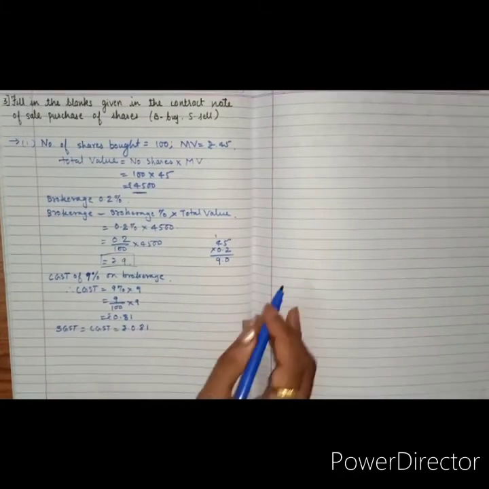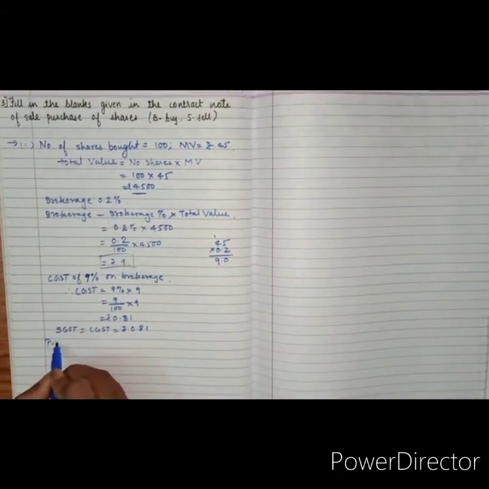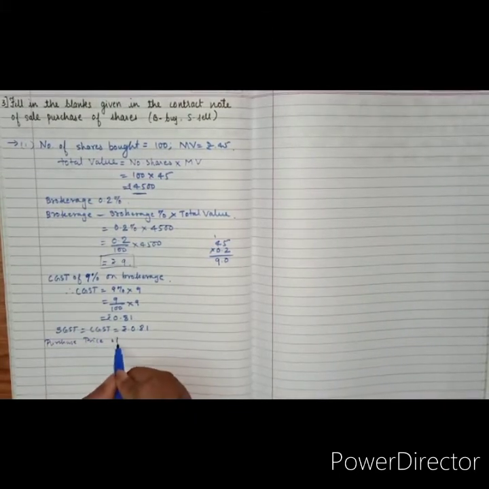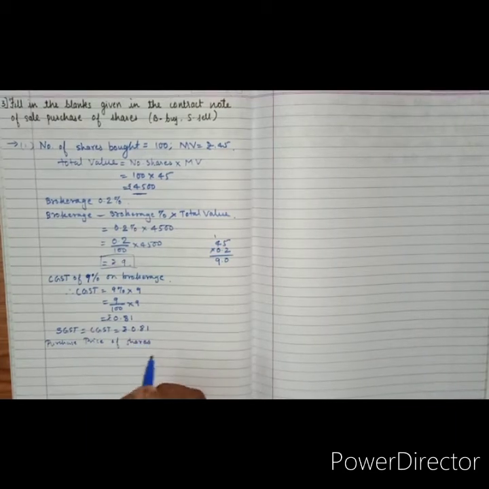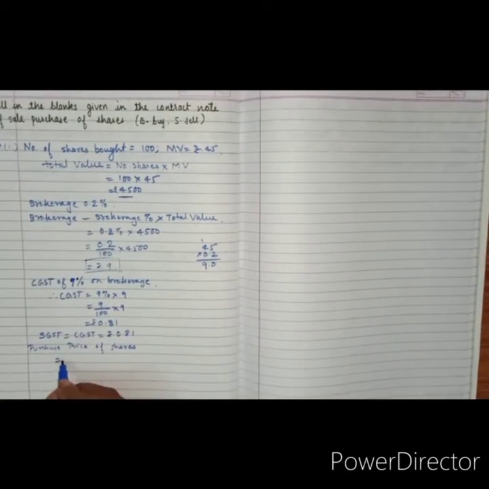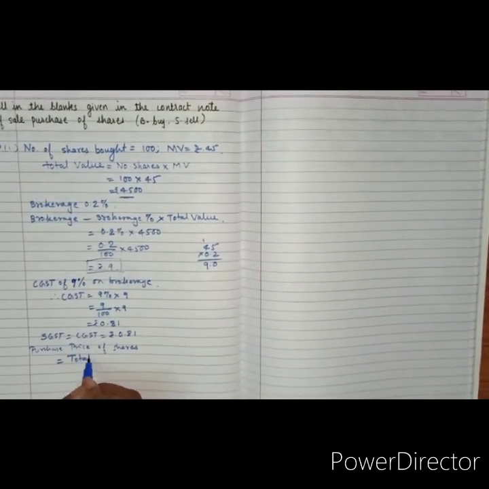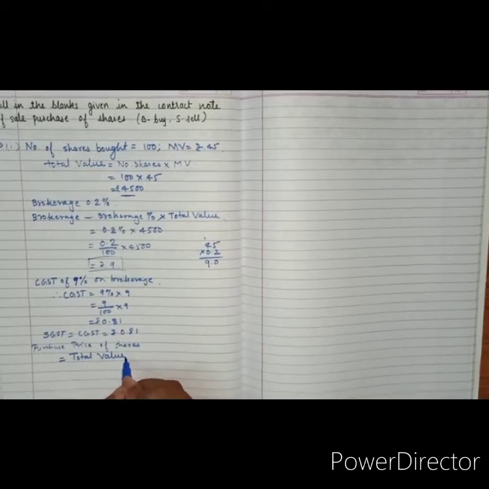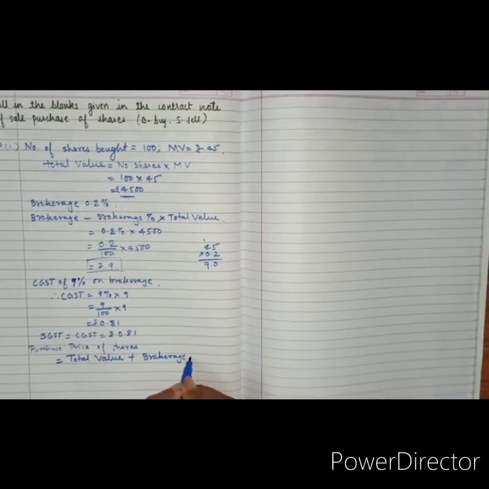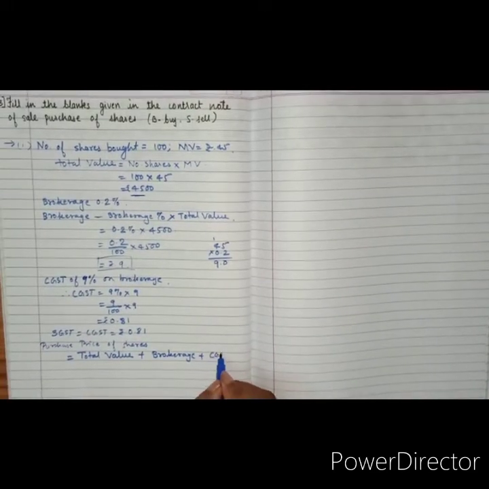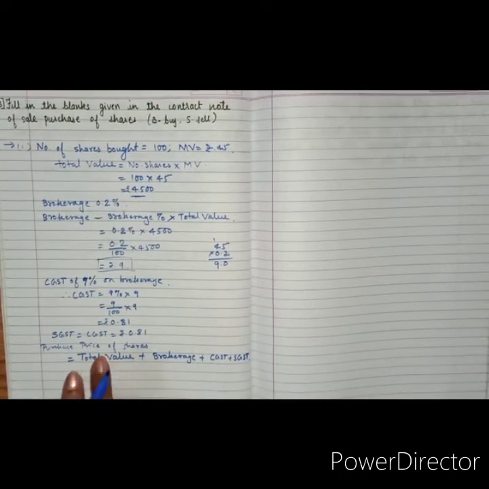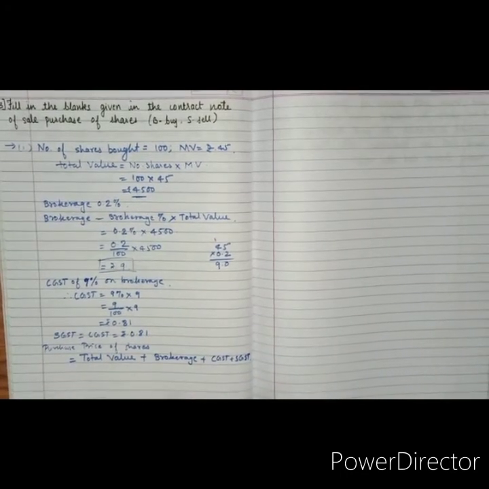So purchase price of shares is equal to total value plus brokerage plus CGST plus SGST. So that will be the total purchase value of the share.